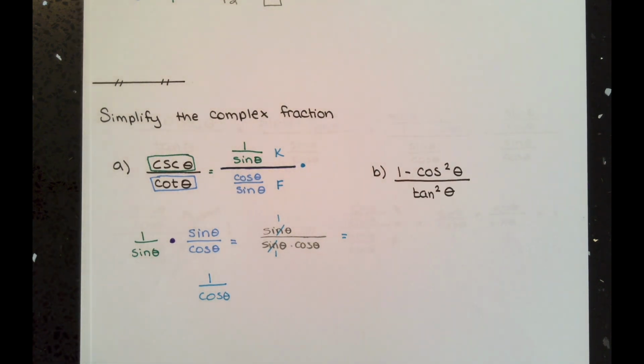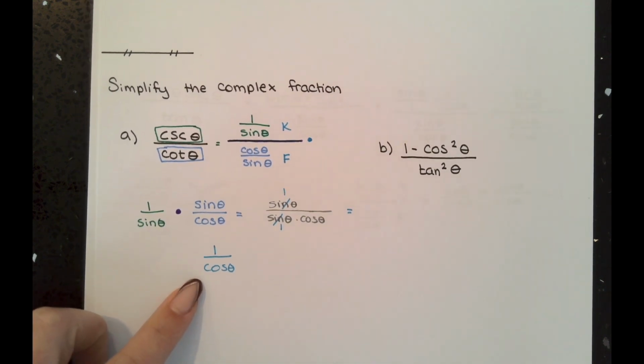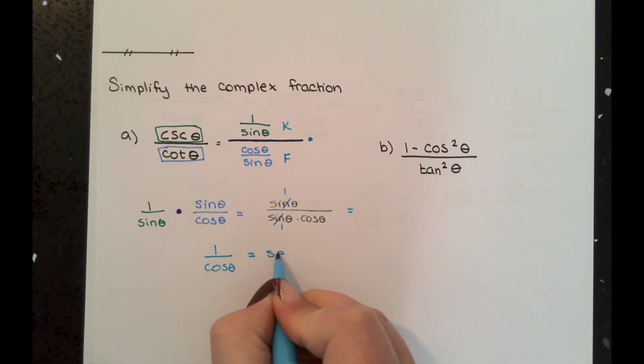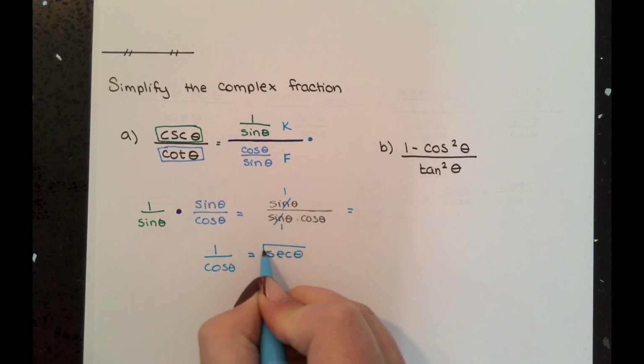But screaming at you, that's a fraction of a reciprocal, right? So what's cosine's relationship with a different function? Well, cosine and secant have a relationship with each other. What kind of relationship is it? A reciprocal relationship. So that means we take it one step further to secant of theta.